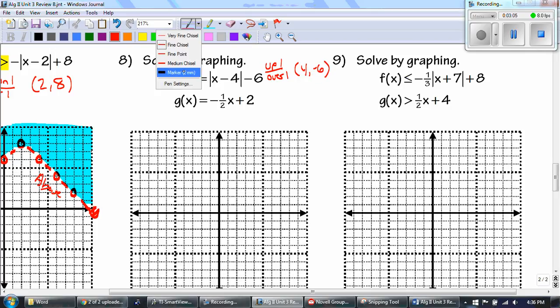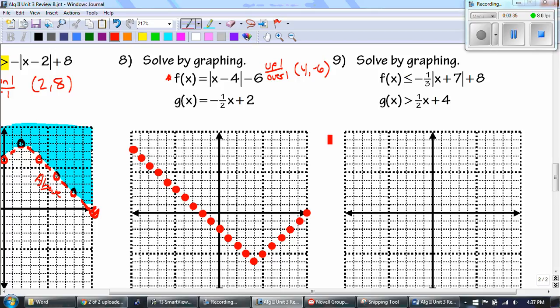Okay, so at 4, negative 6, here's 4, I'm down at negative 6, I'm going up 1, over 1, up 1, over 1, up 1, over 1. Okay, and remember that we need to do every single point because I do not know where it's going to intersect.